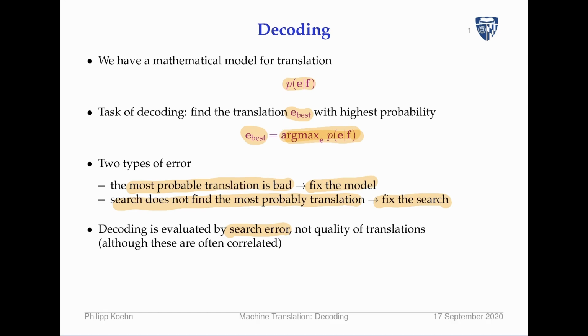A decoding algorithm that finds the highest probability translations is a better decoding algorithm, regardless of the translation quality. The translation quality at that point is a problem of the model, so we need to fix the model. So we have a very narrow problem we try to solve here. We trust the model at this point, and we try to find the best translation according to this model.